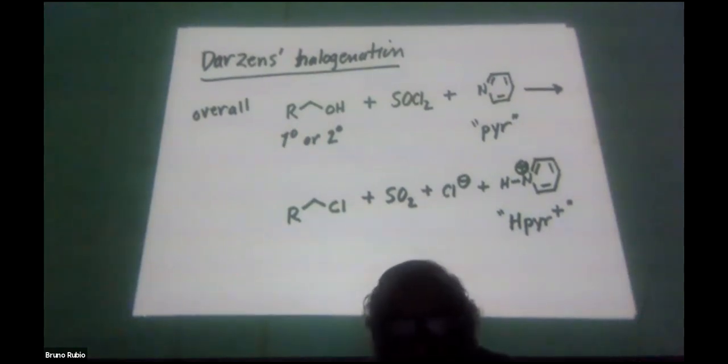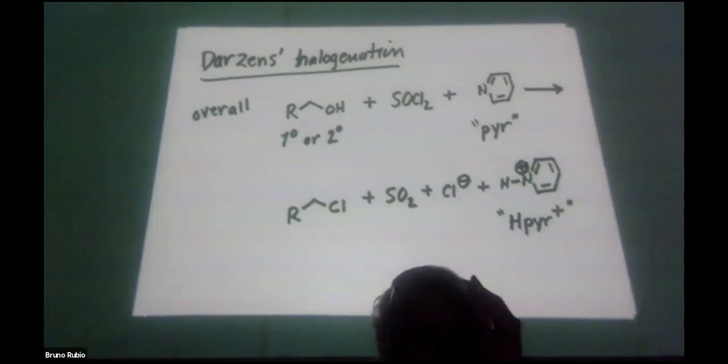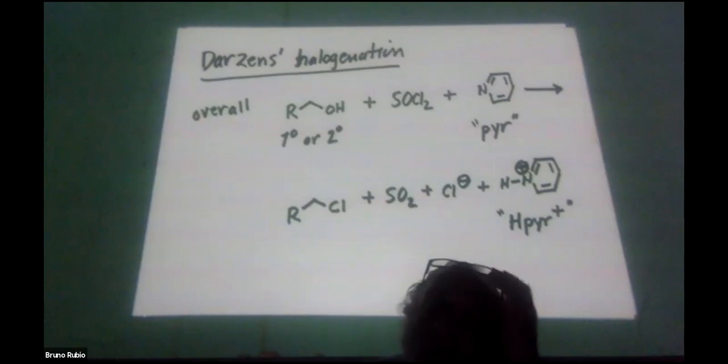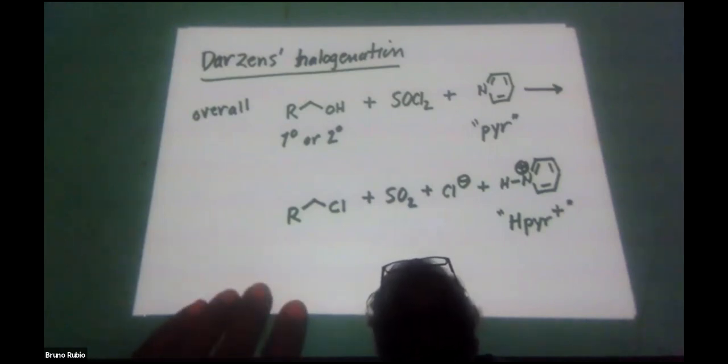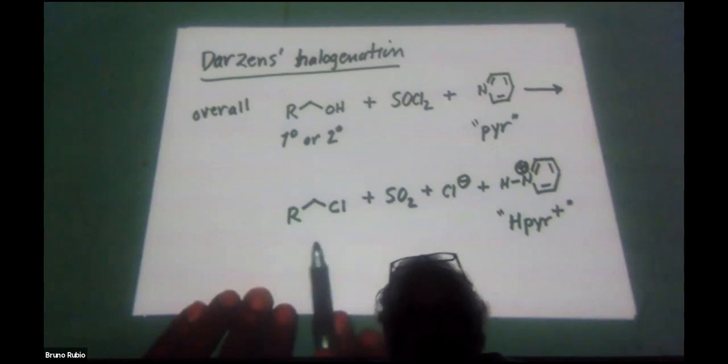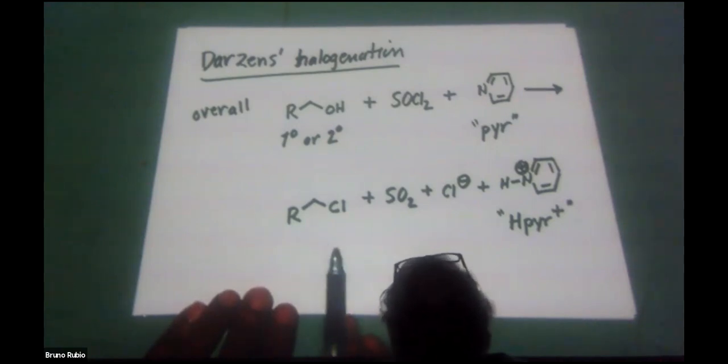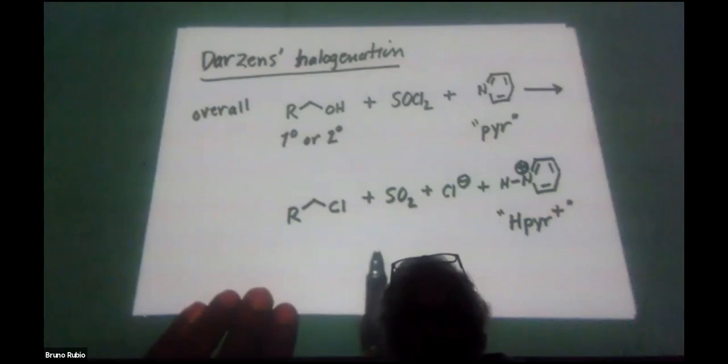Okay, so the overall reaction is the conversion of an alcohol, which has a bad leaving group on there, to a chloride, which has a good leaving group on it. And we'll go through the mechanism in a second, and we'll see that this happens with inversion of configuration.